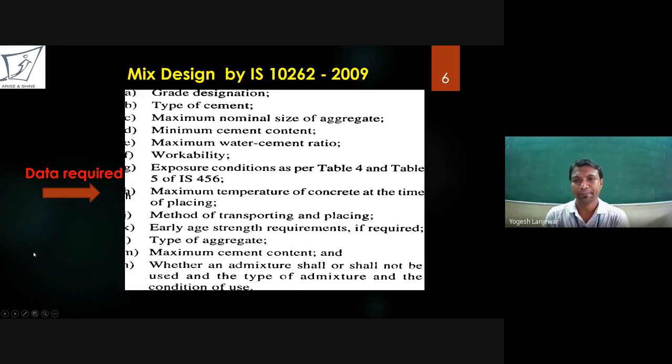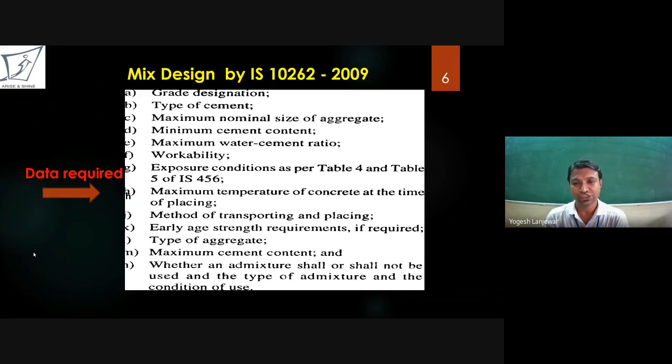Now, as far as the mix design by IS 10262 2009 is concerned, we have to collect certain data. The data required has the following parts. First one is grade designation.